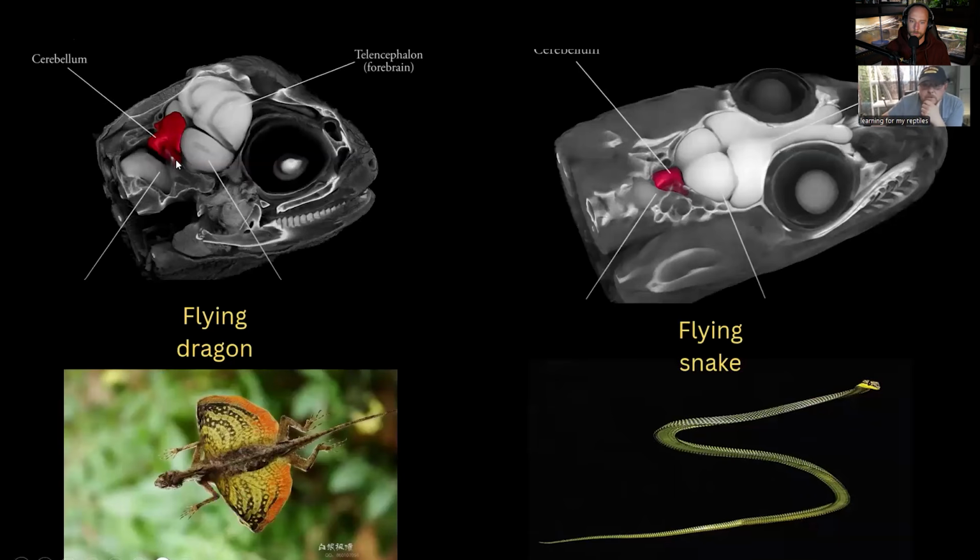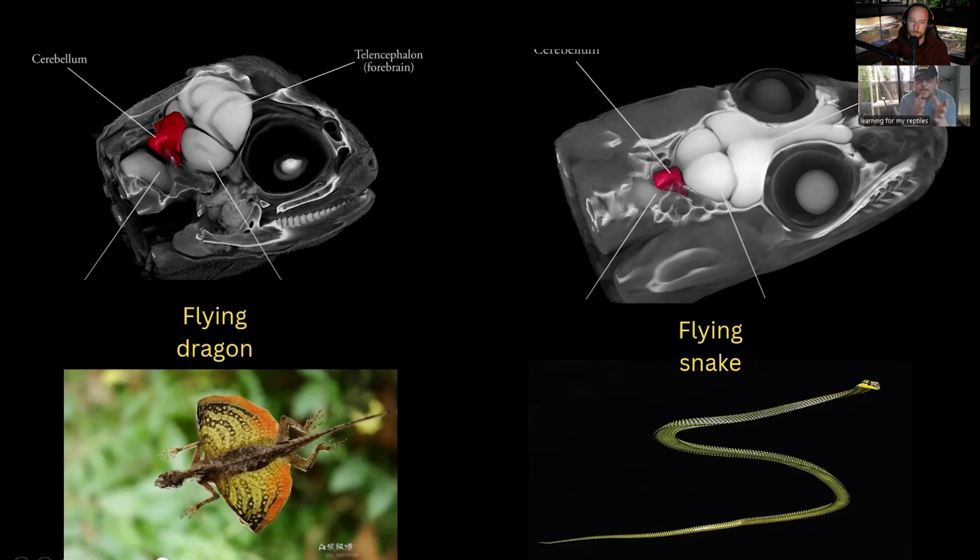And so as we look at the flying dragon, we see the medulla drops below the cerebellum. Whereas we see the flying snake, the cerebellum is what's pushing the medulla down. It's not the medulla traveling below it, which is really interesting.